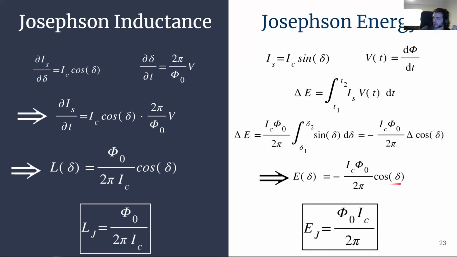They are both changing with the cosine of the phase difference of the junction. The relation between them can also be put using the square of the critical current.